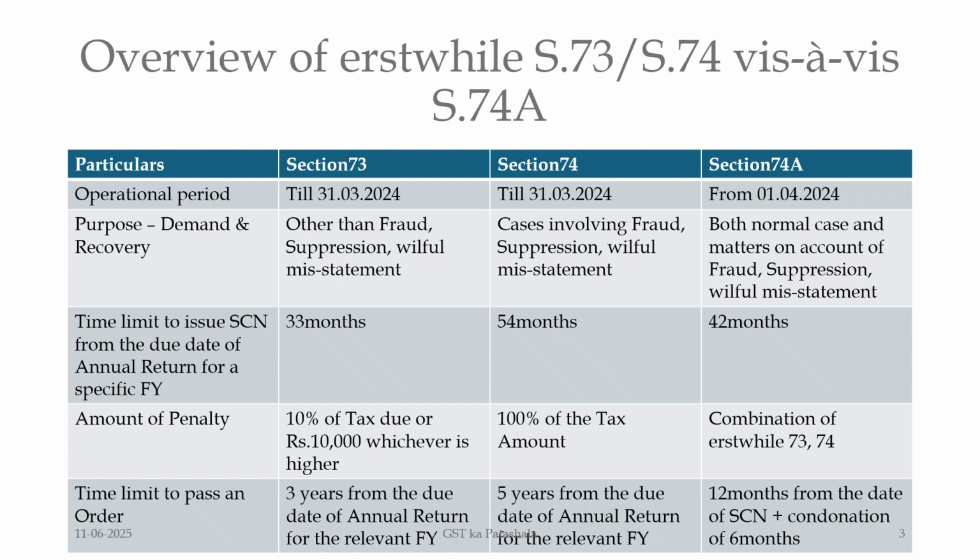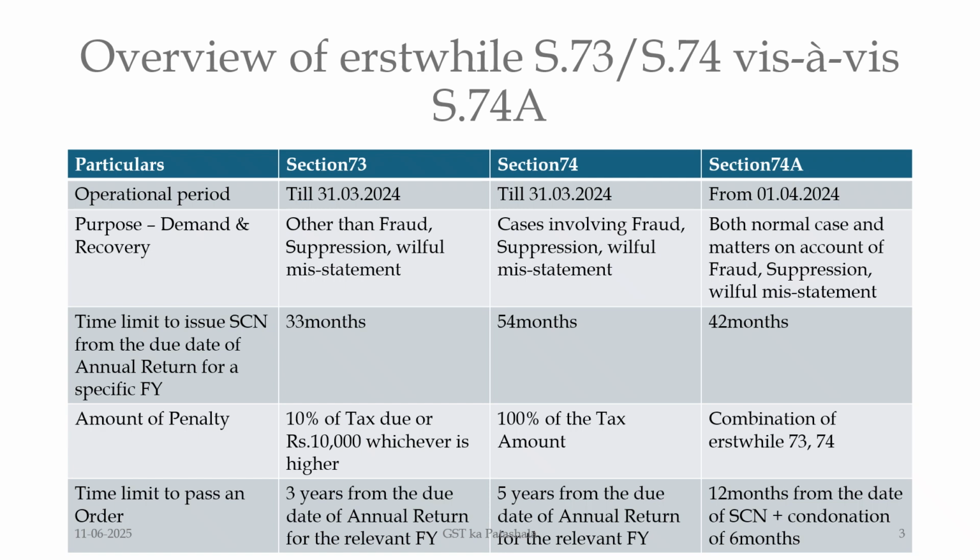Similarly, the penal provisions. Under Section 73, the amount of penalty has been capped at 10% of the tax due or 10,000, whichever is higher. Under Section 74, the penalty is capped at 100% of the tax amount involved.